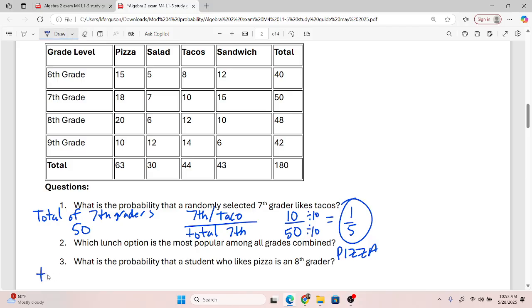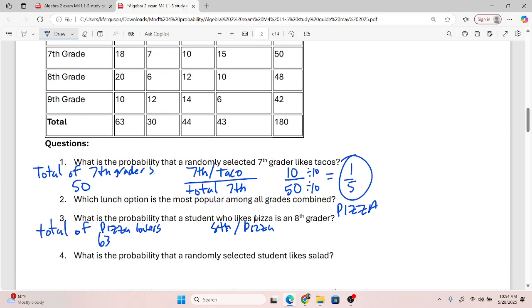I got a total of 63. So what do I want? I want an eighth grader who likes pizza over the total people who like pizza.